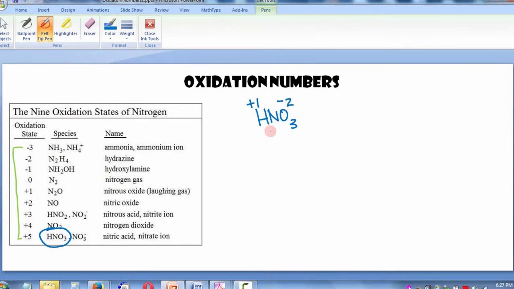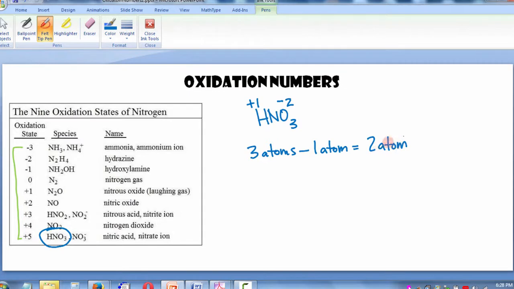So we have 3 atoms in this compound, and we will always know one less than the number of atoms we're given in a compound. So we know 2 atoms.